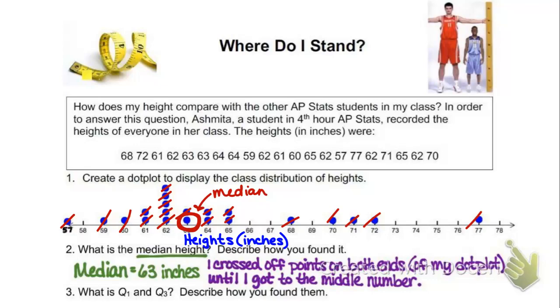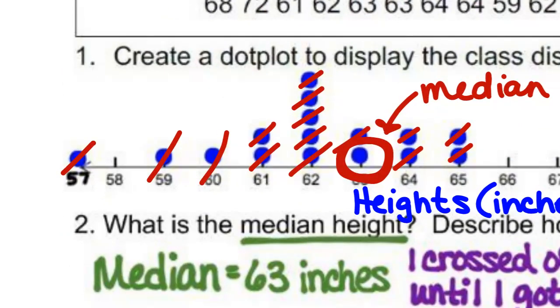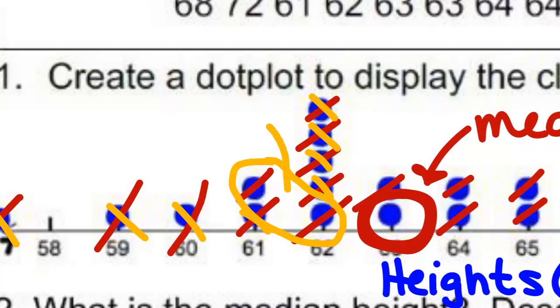So I'm going to cross off again. So I would cross off 57 with the top one, 59, 60, 61. So right in here is where Q1 would be.